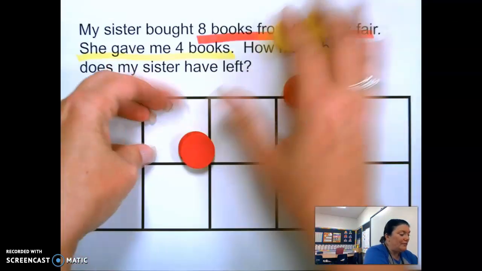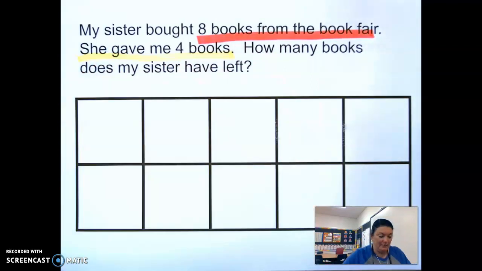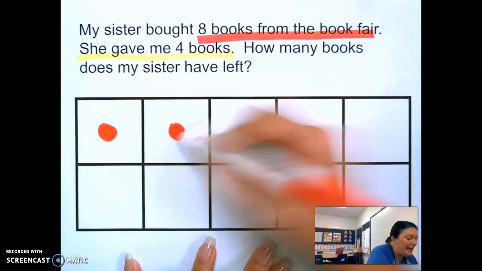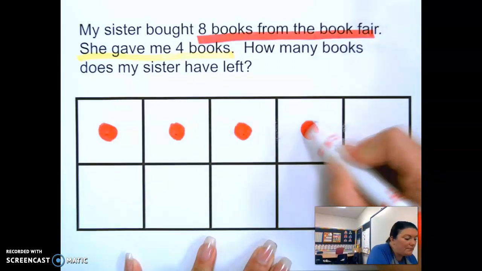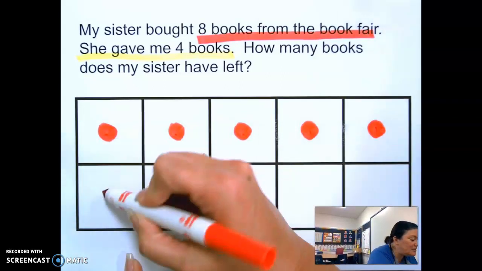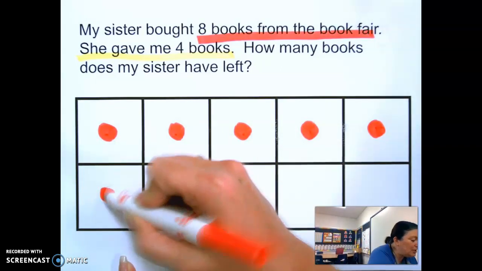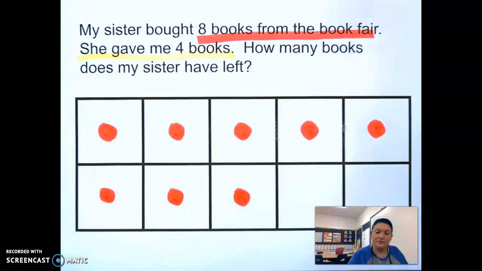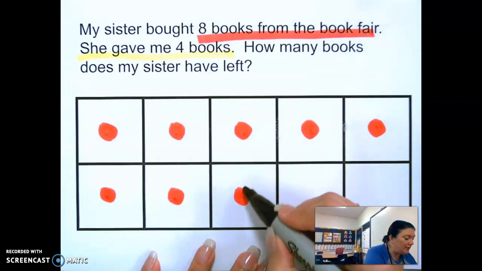So if I'm using this same problem to model it in a pictorial representation or in a drawing, I would still start with my 8 books by putting in 5 in the top row and then counting on 6, 7, 8. There's my 8 books that my sister bought from the book fair.